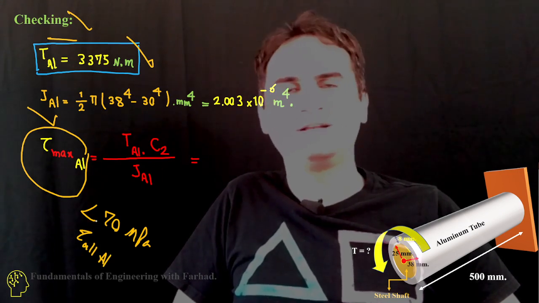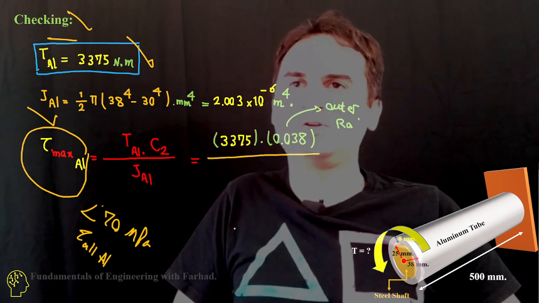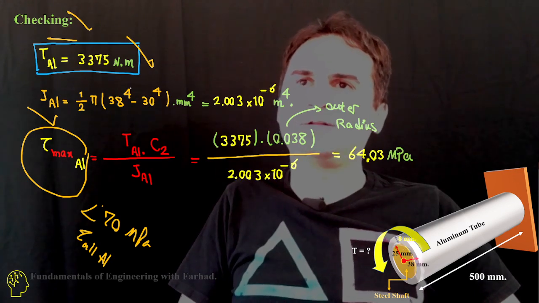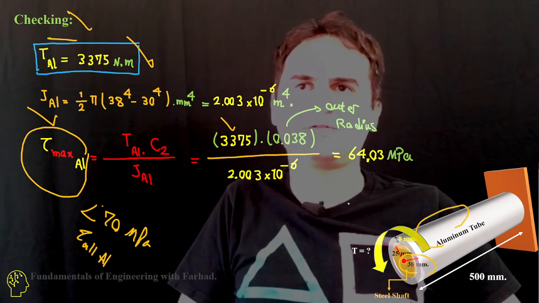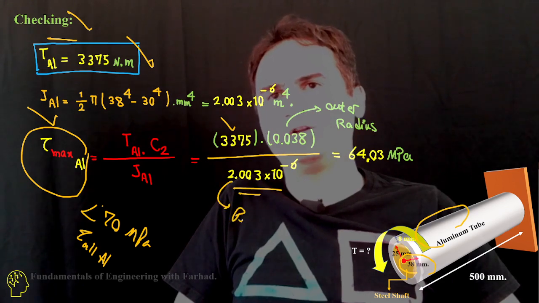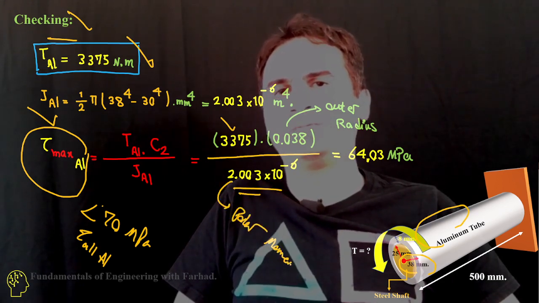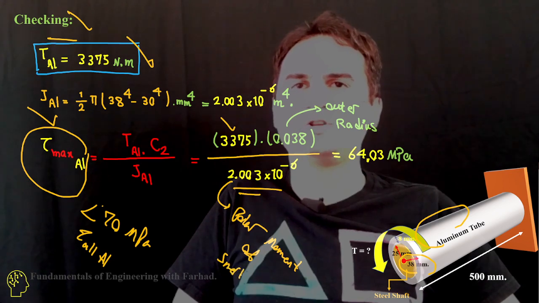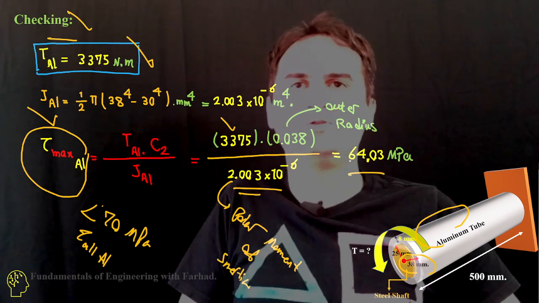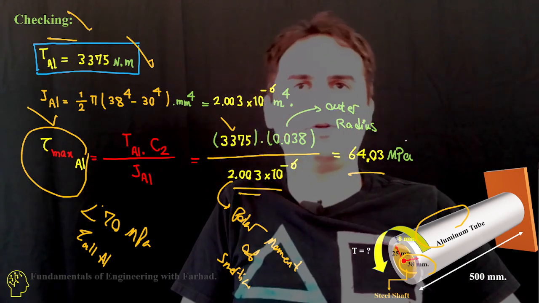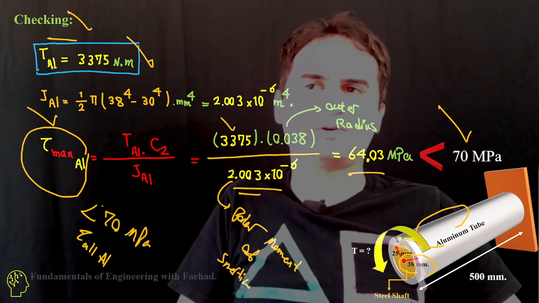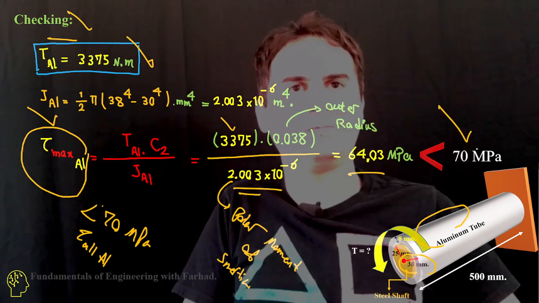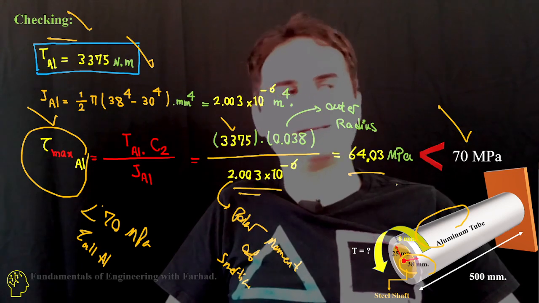And that should be definitely less than 70. Let's see how it goes. If you place 33.75 times the outer radius, because that's tau maximum for the shaft, with the polar moment of inertia for aluminum, it just gives you 64.03 megapascal, which is definitely less than 70 megapascal, the allowable stress for the aluminum.